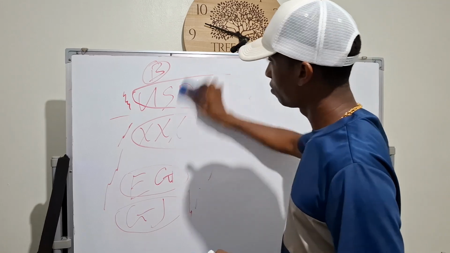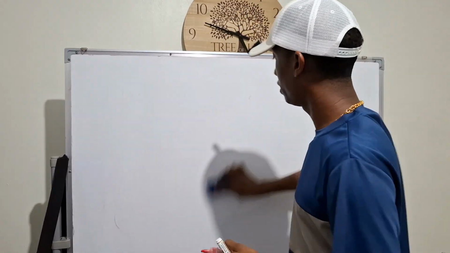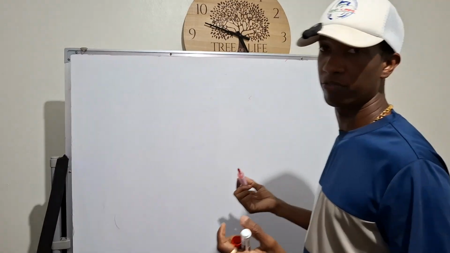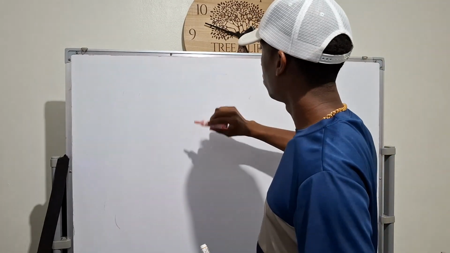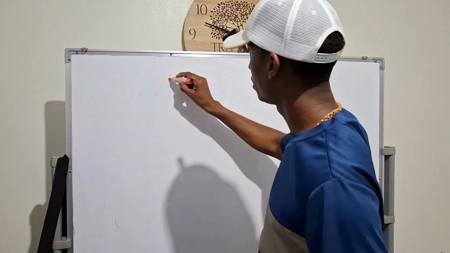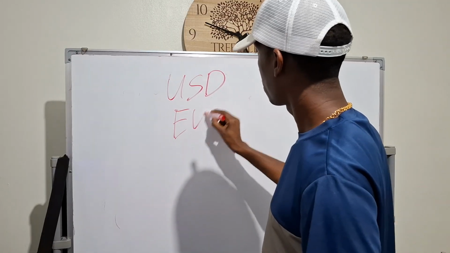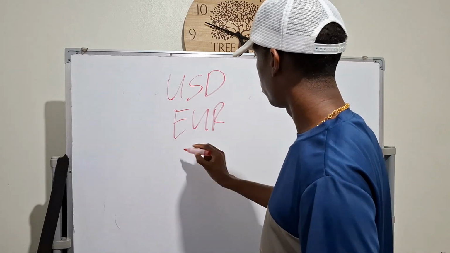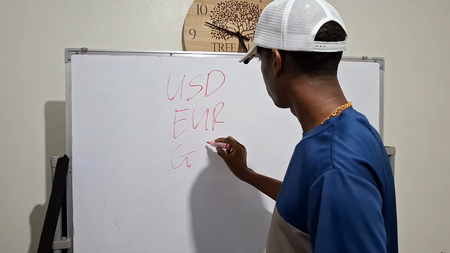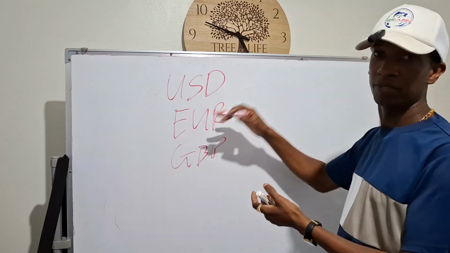And when it comes to diversification, it's just a simple fact of we take some USD pairs, and then we take some Euro pairs, and then we take some GBP pairs. Alright, so this is where we get diversification from.